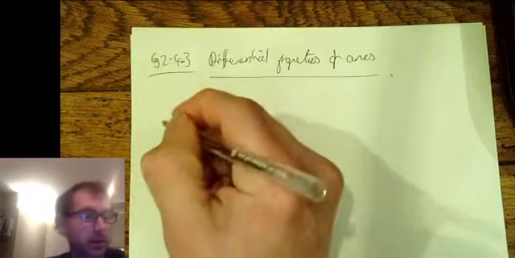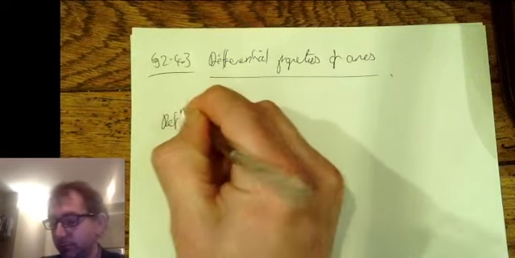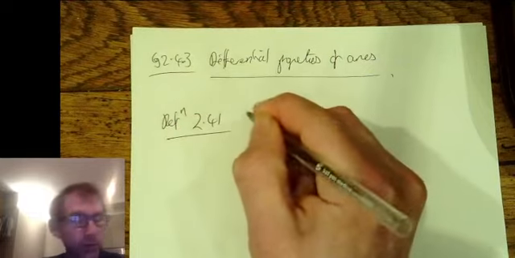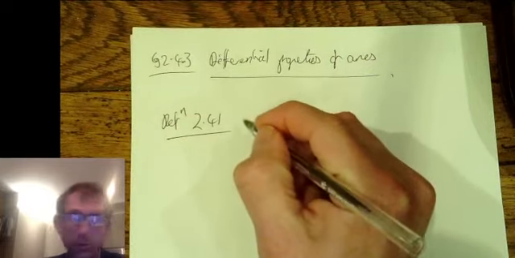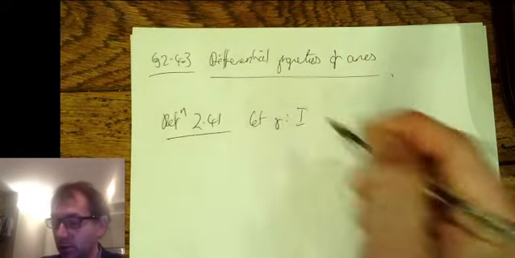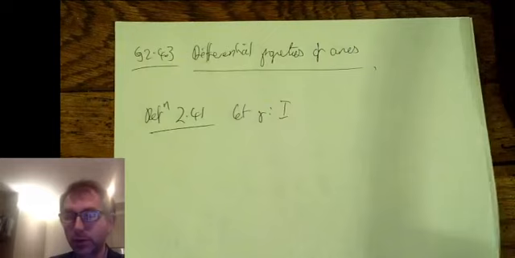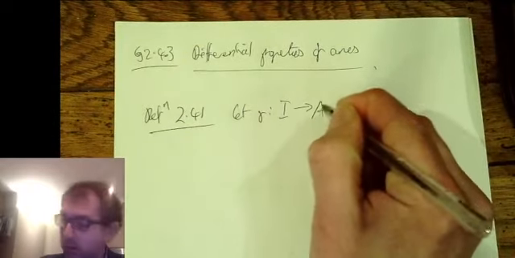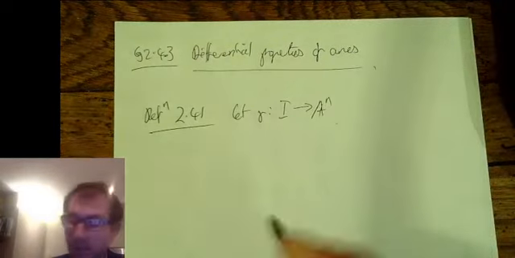So that is going to be definition 2.41. Velocity vector of a parameterization. So let gamma be one of these parameterization maps. It takes some interval of the real numbers into affine n space.